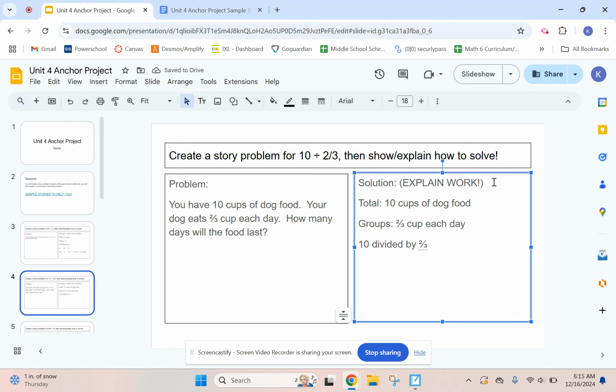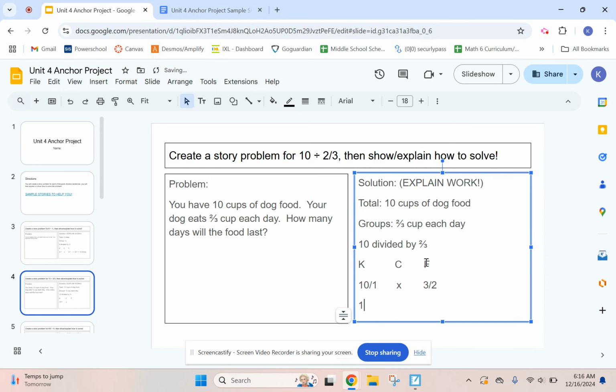All right, we have 10 over 1 is our keep. Remember, we always keep, change, flip when we divide with fractions. Change to multiplication. And flip the second fraction. 2 over 3 becomes 3 over 2.